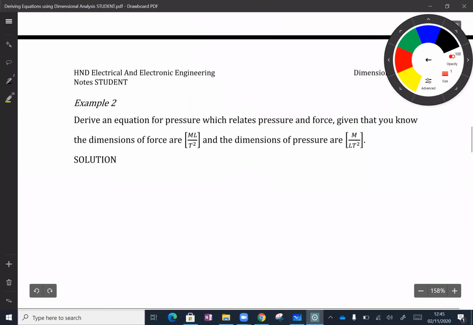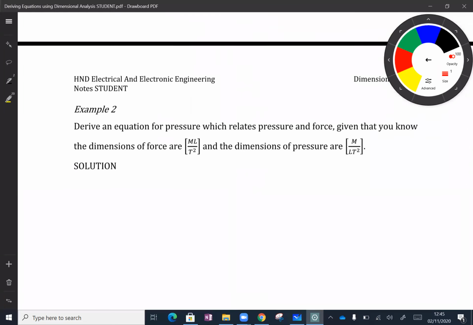Next, pressure and force. Hopefully you know pressure is force over area. So let's do pressure, and we want to relate it to force times an unknown quantity, so we'll call it Y this time.